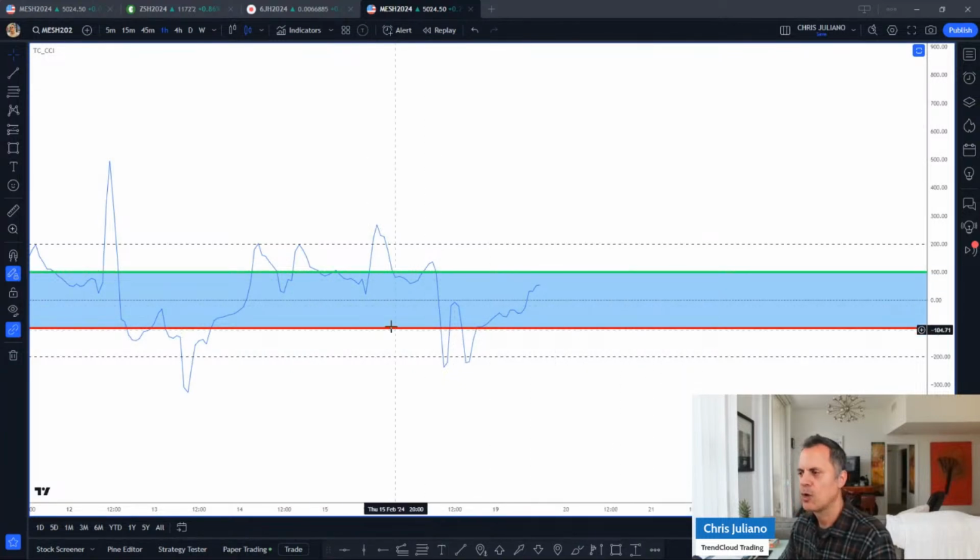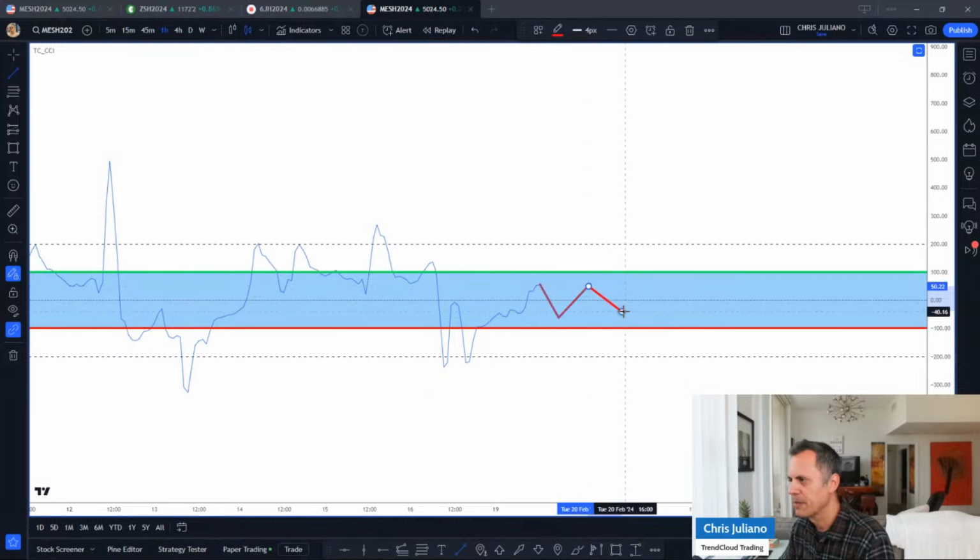So when you cross below the red line, you want to make sure that your CCI blue line does not break back above positive 100. It's got to stay either below negative 100 or inside of this blue area, with the occasional breakdown and pullback.